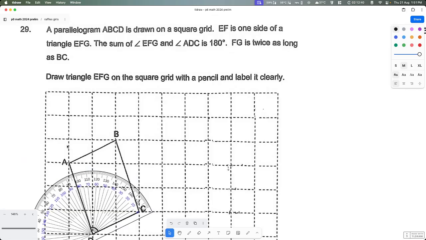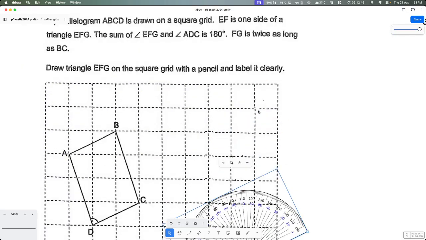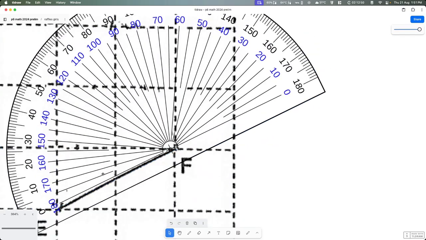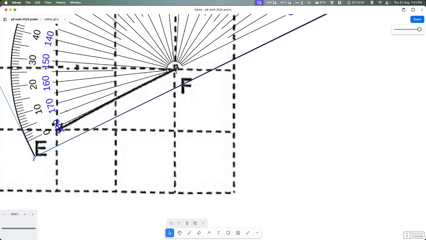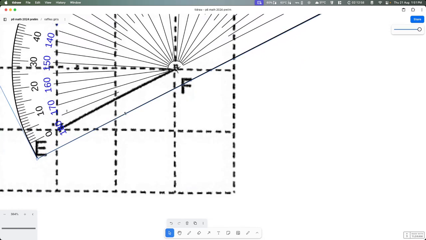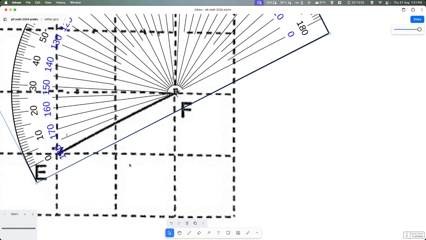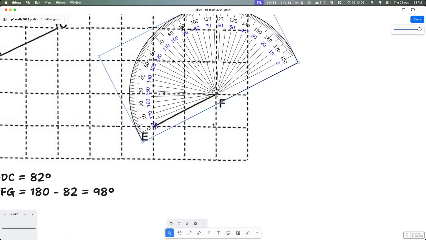With that said, the sum of EFG and ADC. Okay, so EFG over here, let's align this. EF is this part. Let me also align this part to somewhere more aligned to the line, like this. We also want this to be 98 degrees.